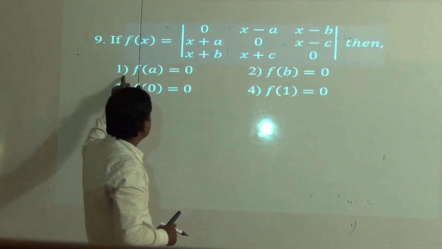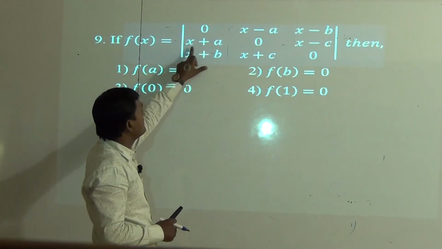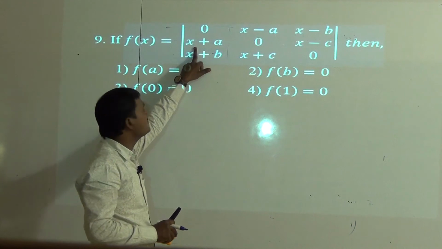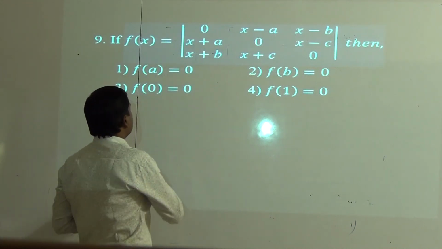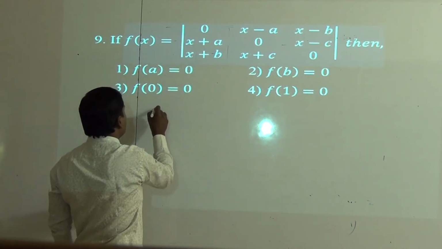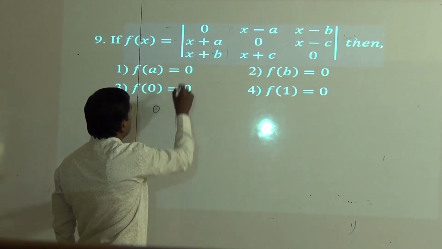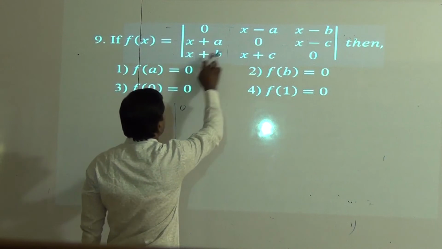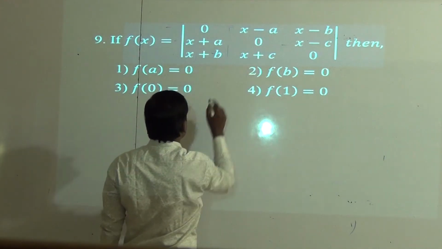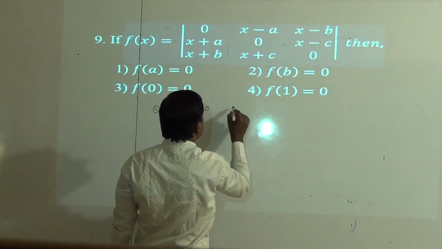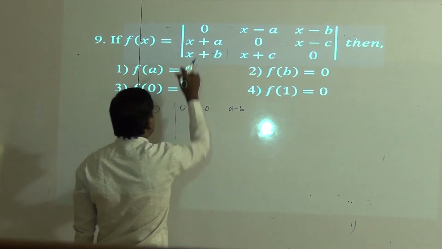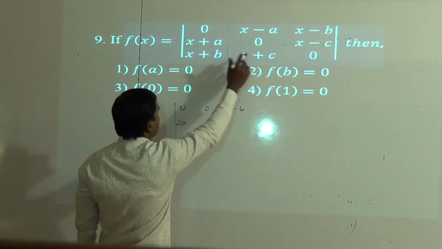I will check by the first option, replace the value of x by a. So here what am I getting? Replacing x by a gives a minus a, which is 0, and this becomes a minus b, and here it is 2a, 0 as it is.